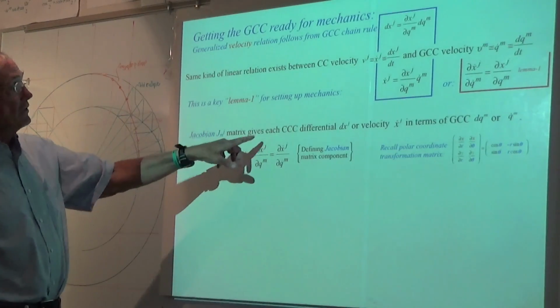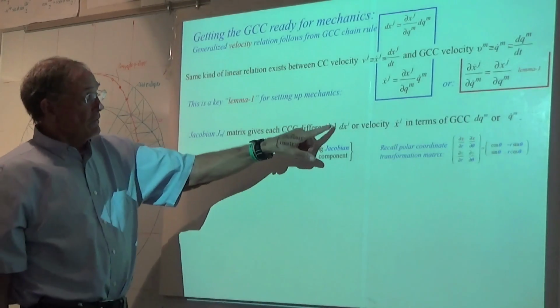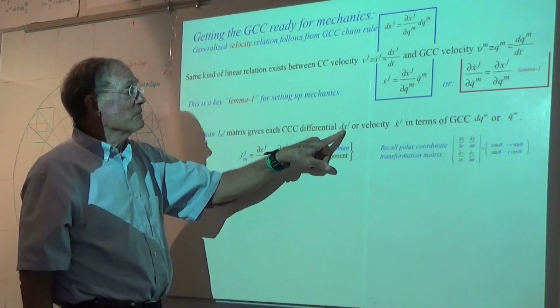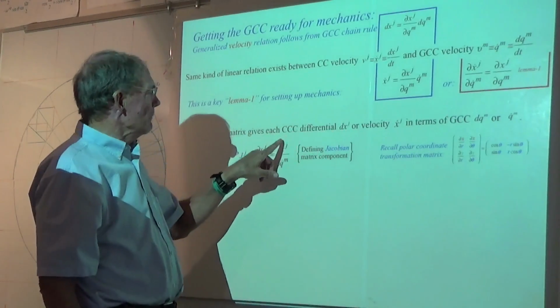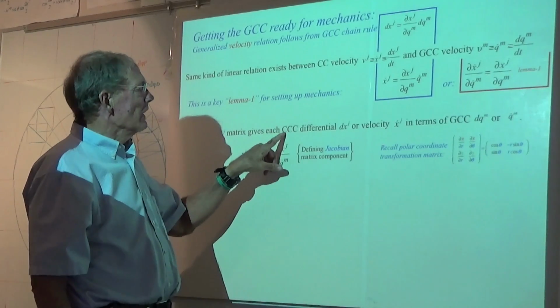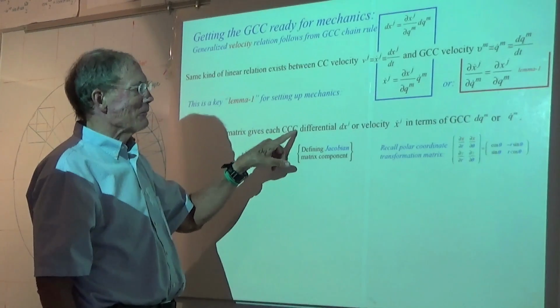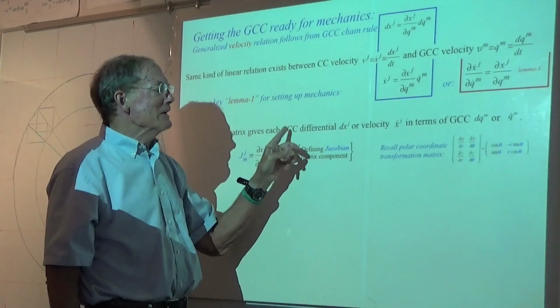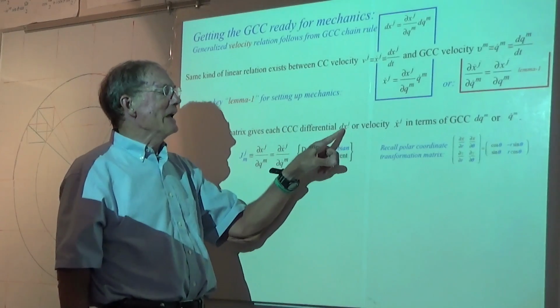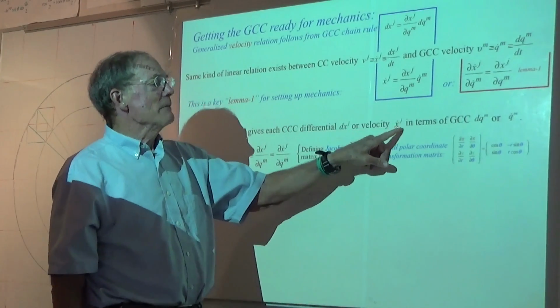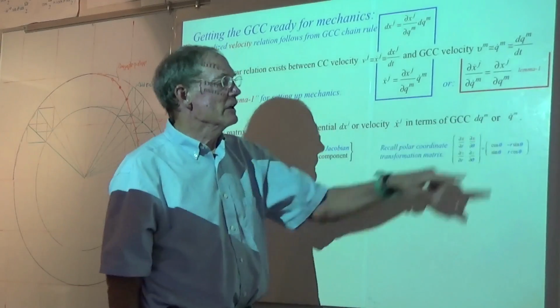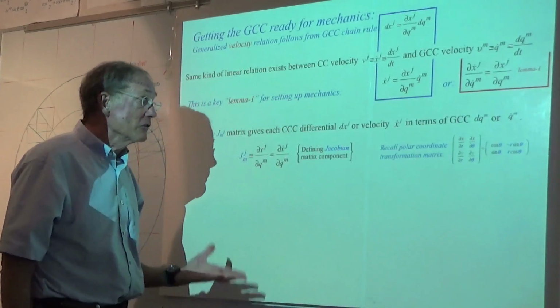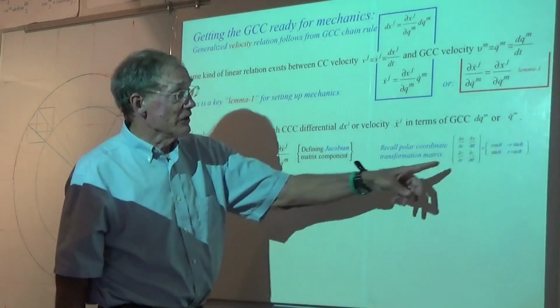This matrix gives each differential dx, or velocity x prime, in terms of these q guys. Our example is this.